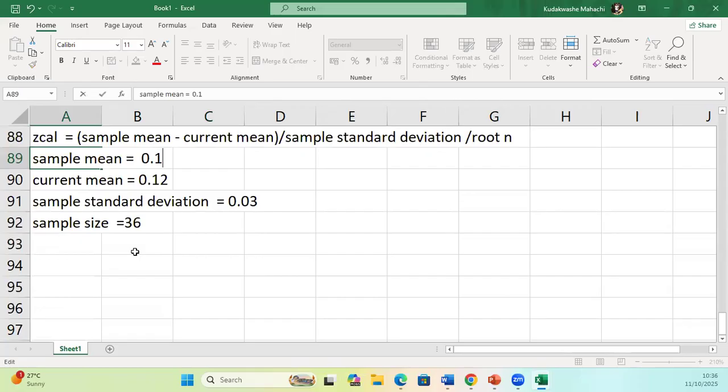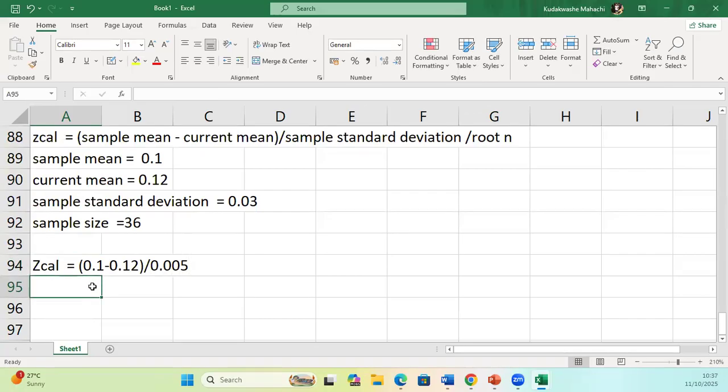Now substituting in the formula to get our test statistic. Z calculated is equal to 0.1, which is the sample mean, minus 0.12, all divided by the standard deviation 0.03 divided by the square root of 36. So 0.03 divided by 6 is 0.005.